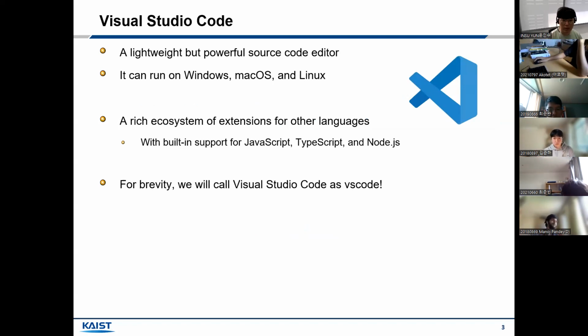It also supports Linux. It has a very rich ecosystem of extensions for other languages. So you can make an extension for any other language. It is very easy to develop.